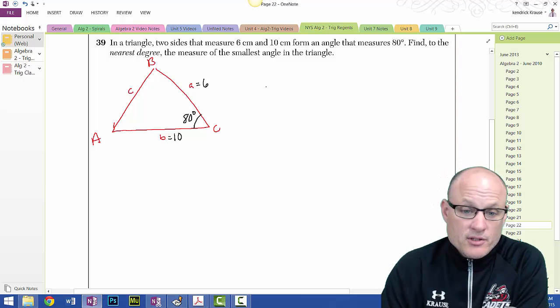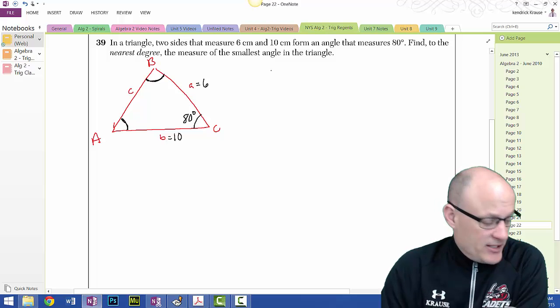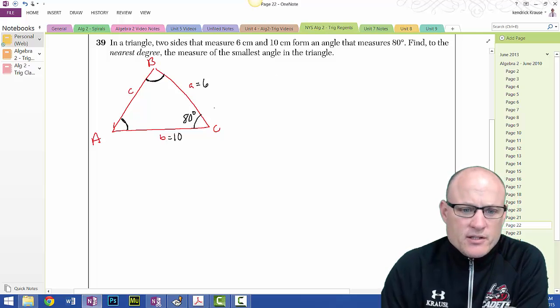Well, I guess the first thing we have to do is find another angle. So we need angle A, or we need angle B. Let's try the law of sines.